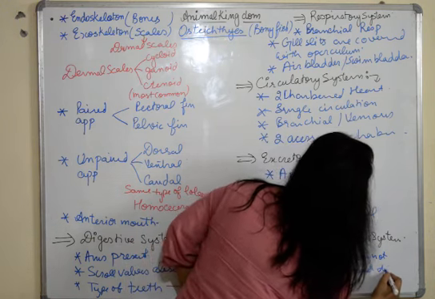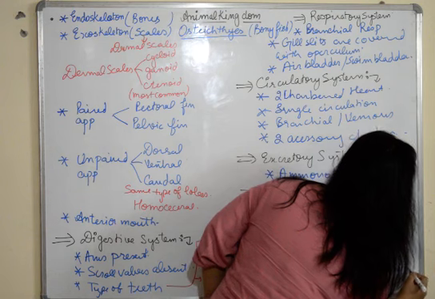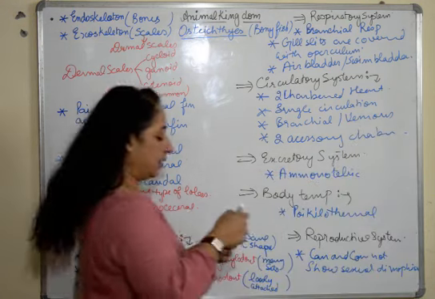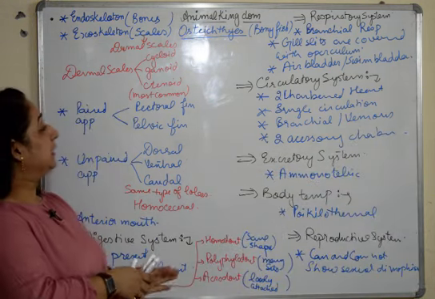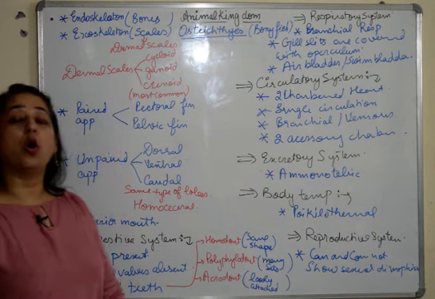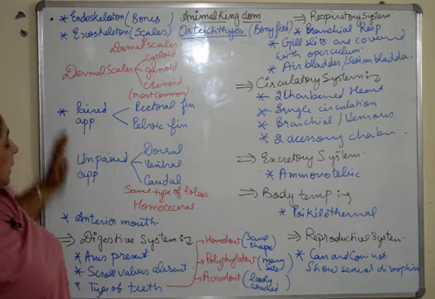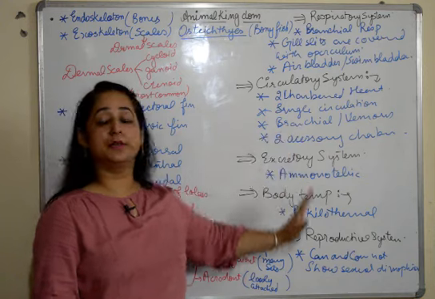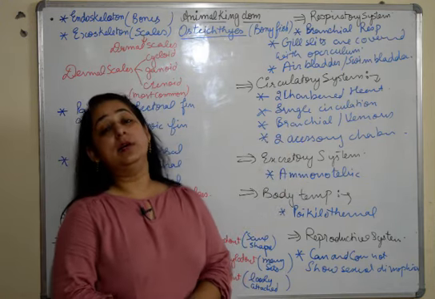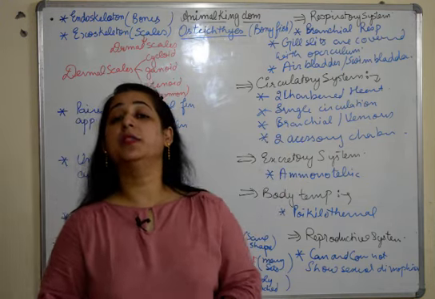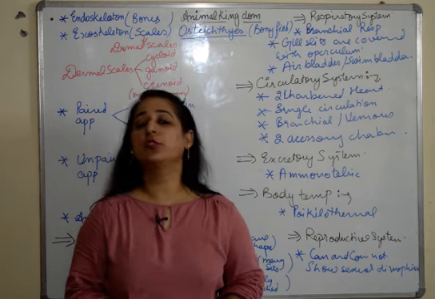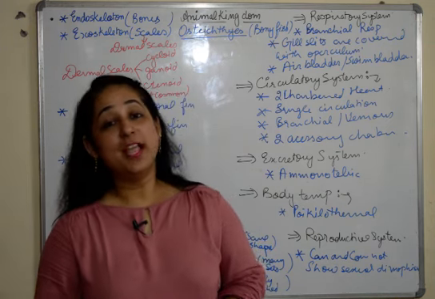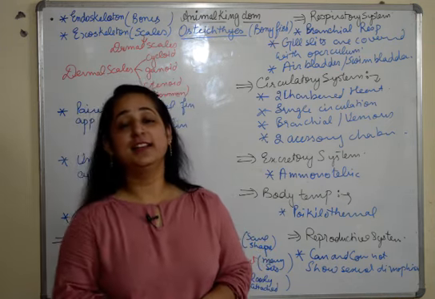Otherwise all the characters remain the same. So these are the various characters about the osteichthyes. We have discussed the characters, plus we have discussed the different systems as well. In our next video we'll talk about the examples of osteichthyes or bony fish. So keep watching, liking and sharing. Thank you.